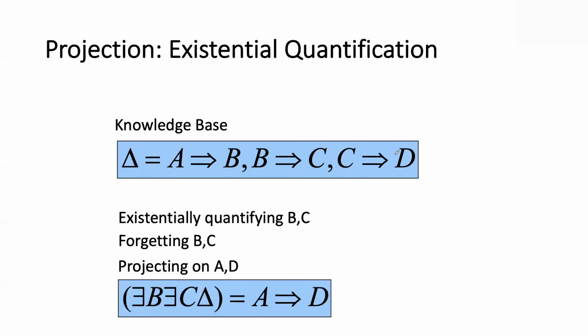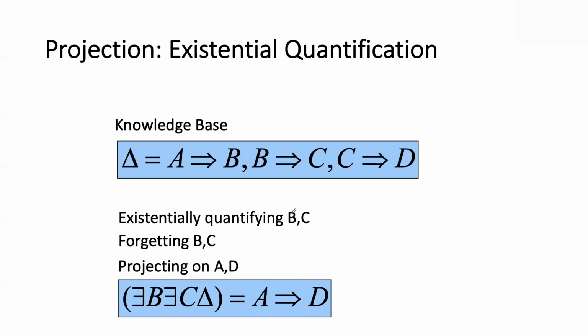In this case, let's say we want to existentially quantify the variables B and C. We call that also forgetting the variables B and C or projecting on their complement A and D. And intuitively, we said that this is like removing those variables from the knowledge base while keeping all of the information that the knowledge base had about the other variables.